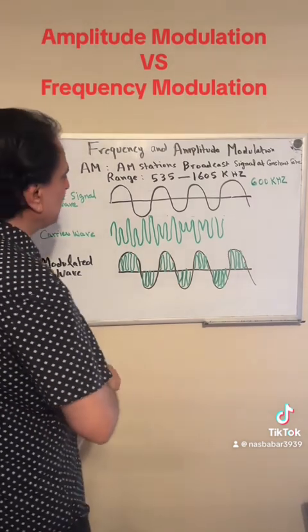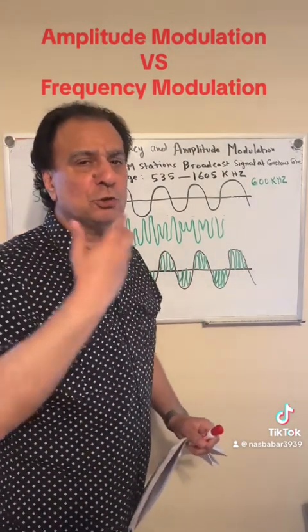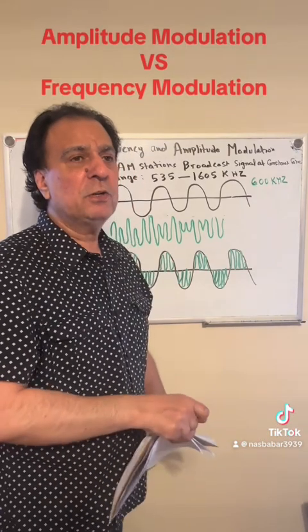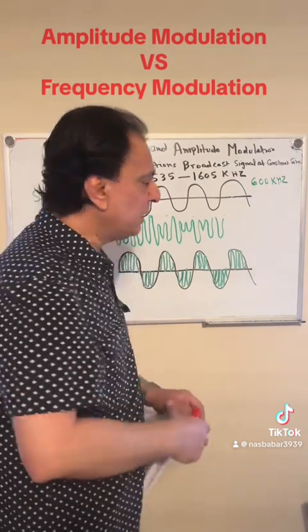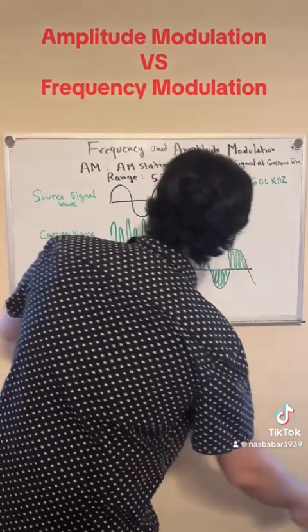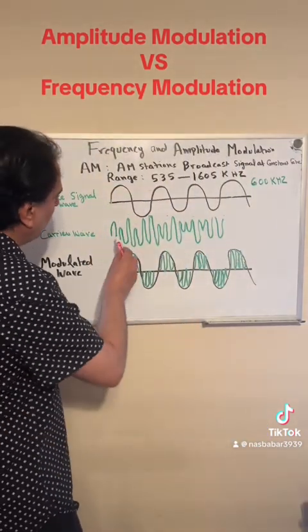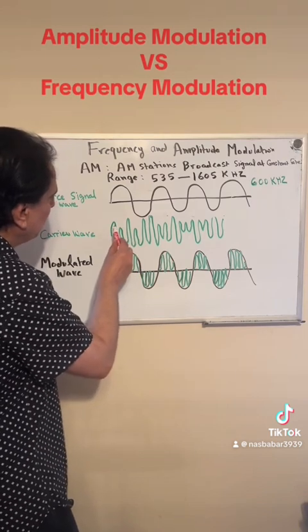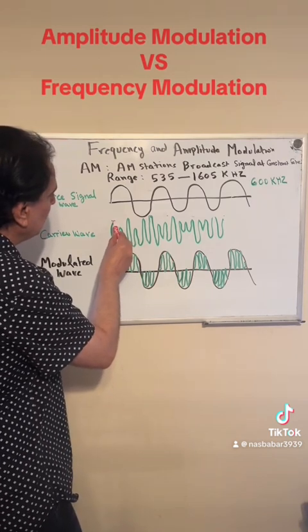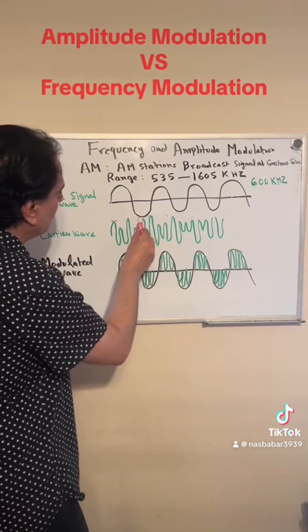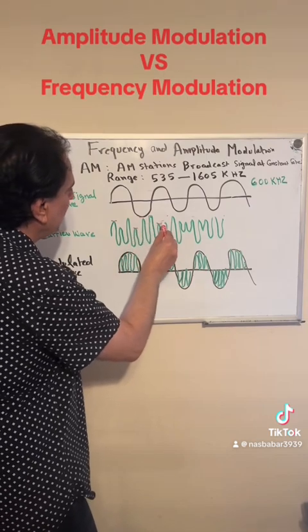Whatever talk show host is talking, whatever news is being broadcast, this right here is the signal for that. As you can see, this is all amplitude. In this particular case, amplitude goes higher, goes lower, goes higher, goes lower, and so forth.